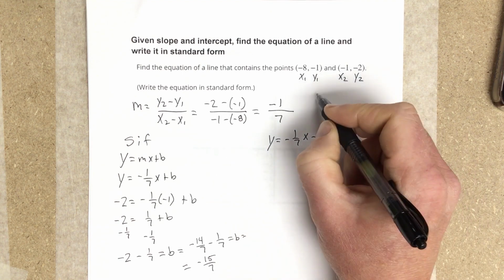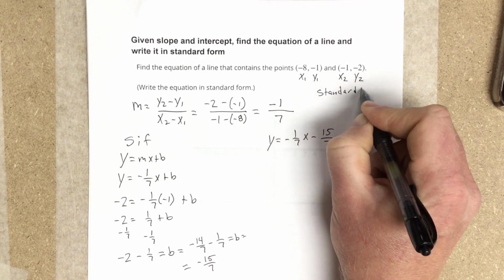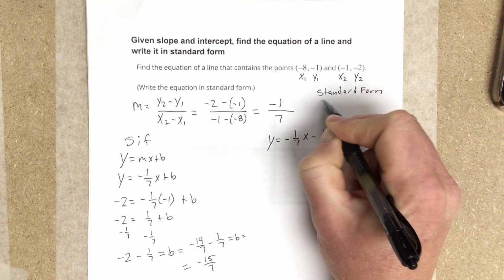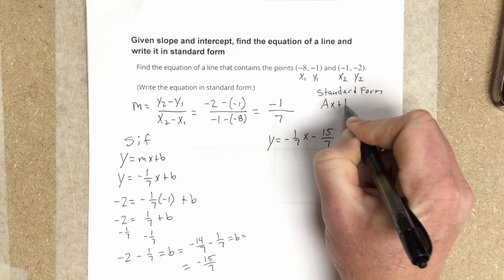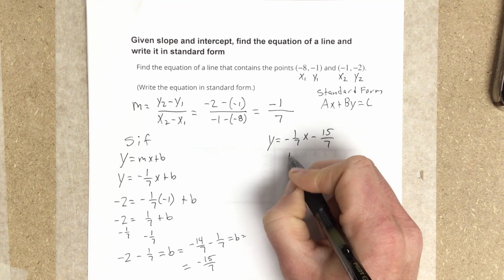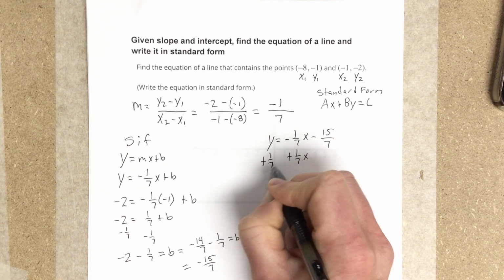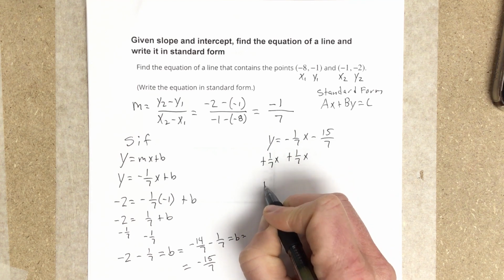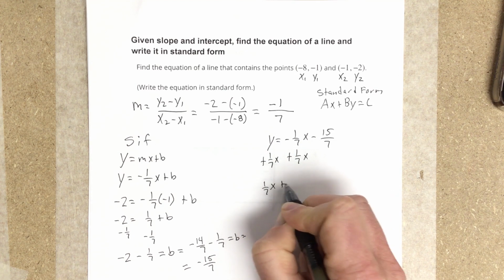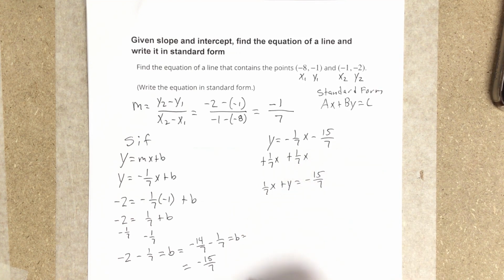Now remember, standard form is ax plus by equals c. So let's get x and y on the same side. Add 1/7 x to each side. We get 1/7 x plus y equals negative 15 over 7.